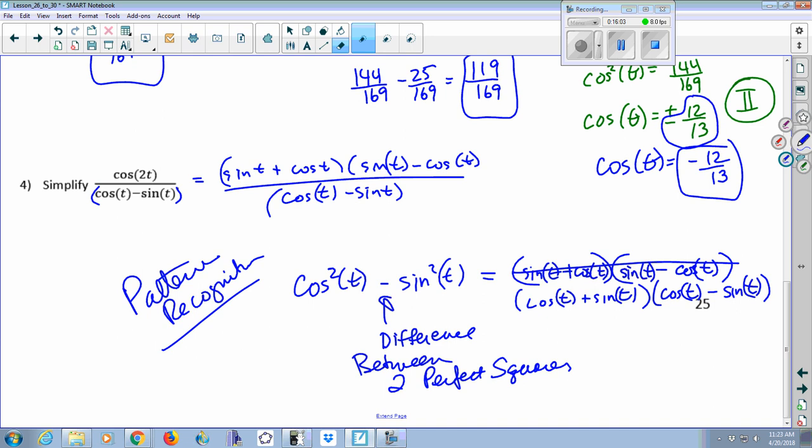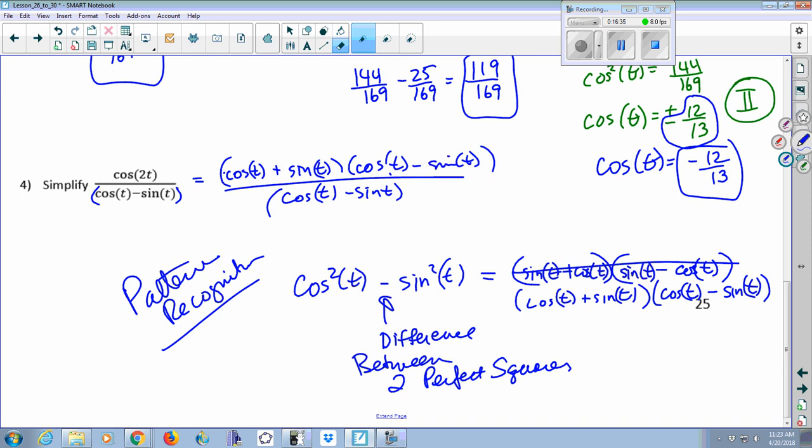You make mistakes, I make mistakes all the time. Up here I just changed the order of each one of these. But again, recognizing how to go from that main form of cosine squared take away sine squared is the key here. And you'll always start to recognize these patterns as you do more of these. That's why it's so important to do as many as possible as your time allows outside of class.